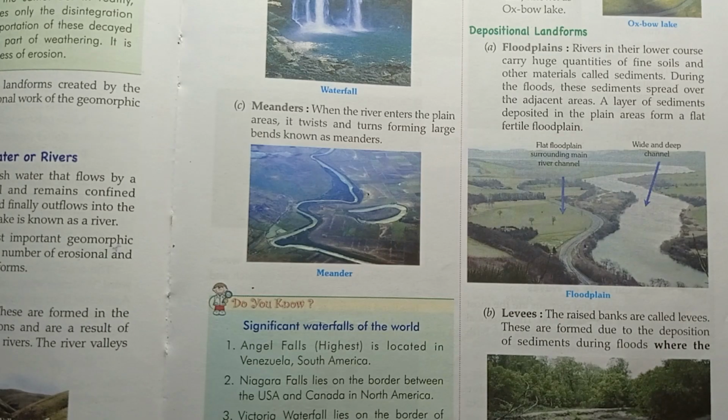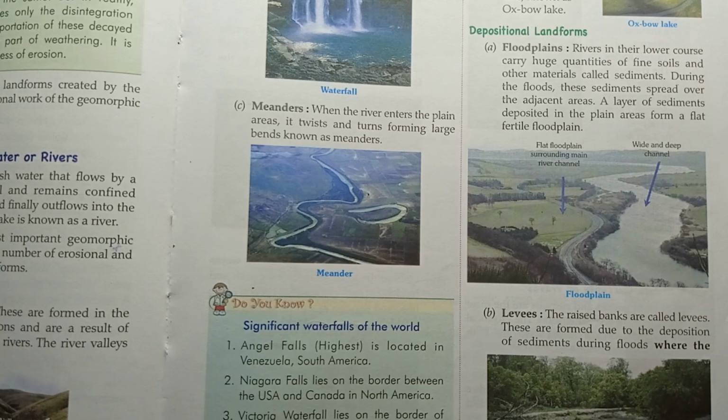Next is depositional landforms. Among the depositional landforms, first is our floodplains. During the floods, the sediments spread over the plain area and form a flat fertile floodplain. Second is our levees.